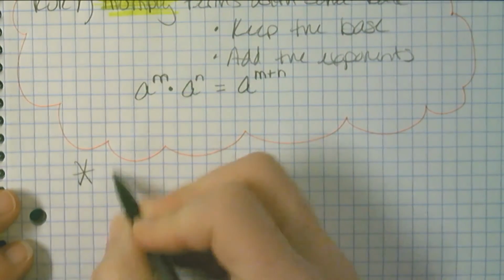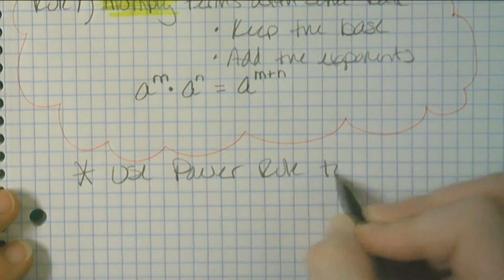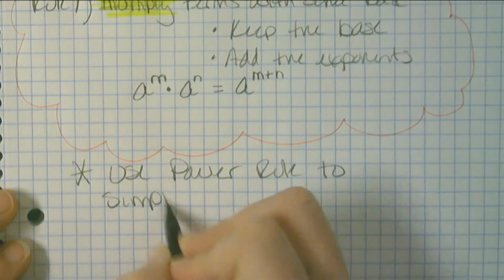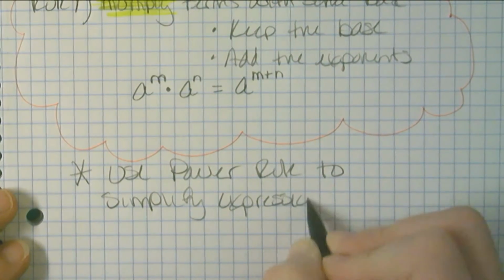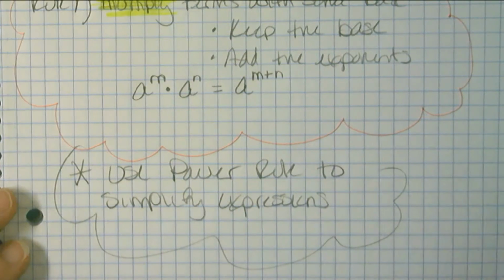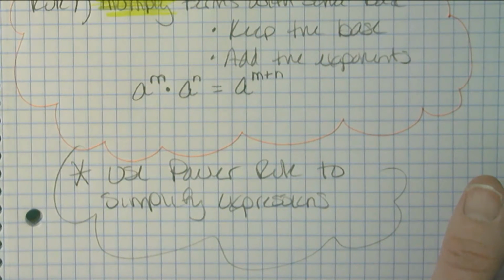So from here on out, we're going to use the power rule to simplify expressions. That's what I want you paying attention to. I just wanted you to understand why we are doing what we're doing. And if you can't remember the rule, you can always fall back on the expanded form if you need to.